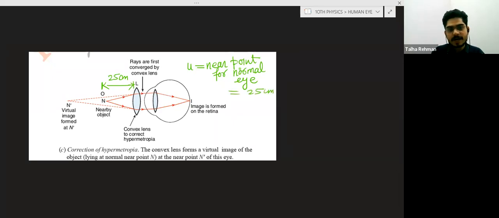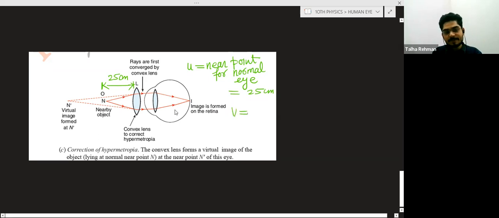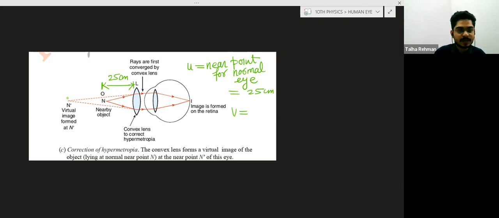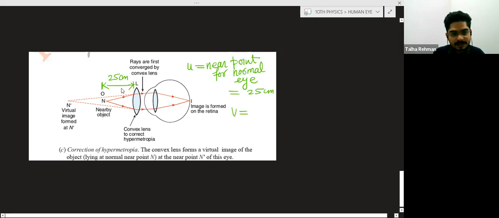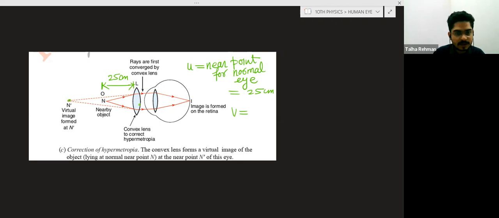And for image distance, you will take the near point of the hypermetropic eye. Finally, the image formed by this lens is here. This is the image distance, V.